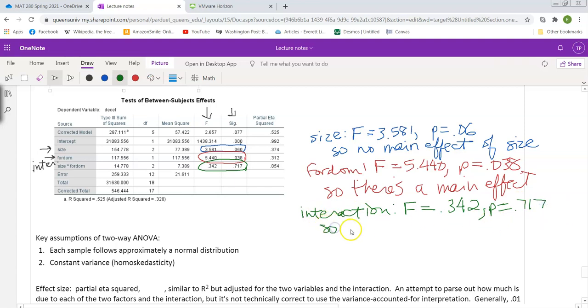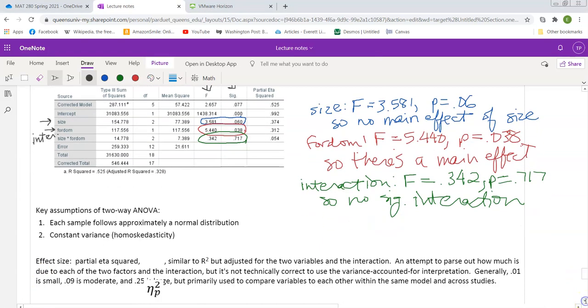So there's no interaction. So there's no significant interaction here. All right, so that's all we need from there for now. We'll come back and look at these partial eta squares in a minute.